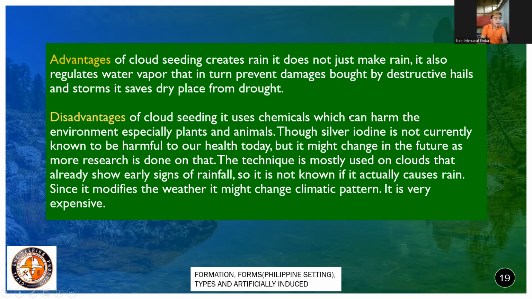These are the disadvantages of cloud seeding. It uses chemicals which can harm the environment, especially plants and animals. In every man-made phenomenon we can observe that there is always a toxic or bad effect on the environment, right?